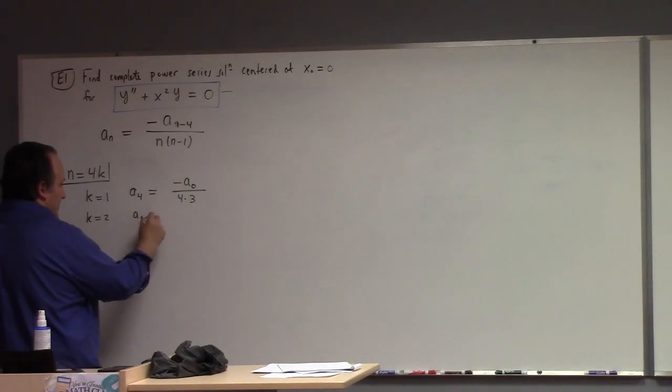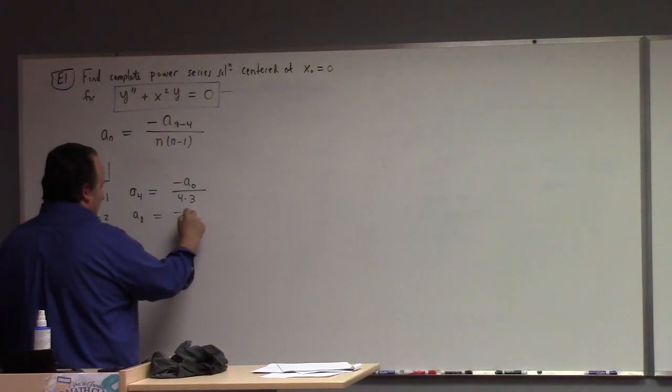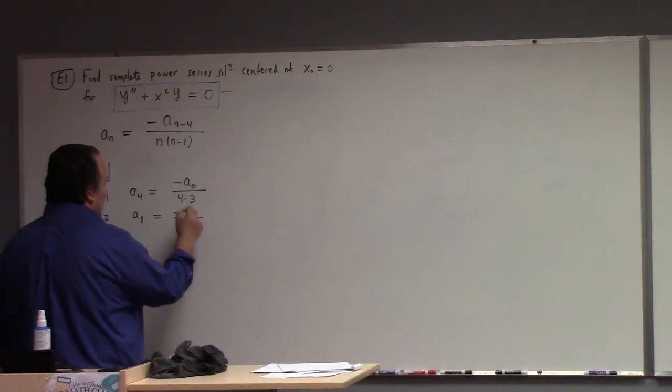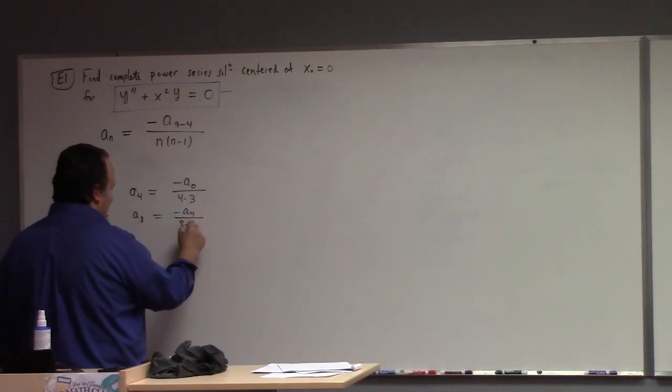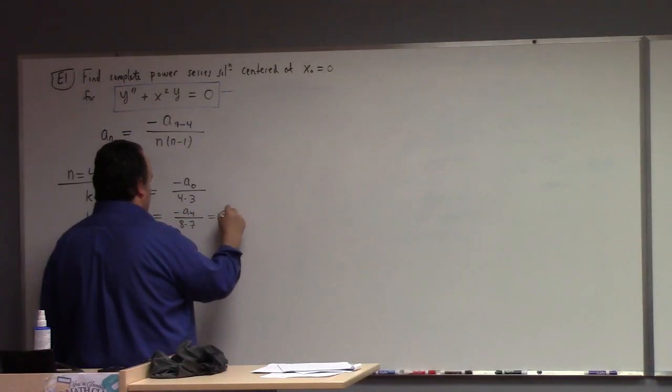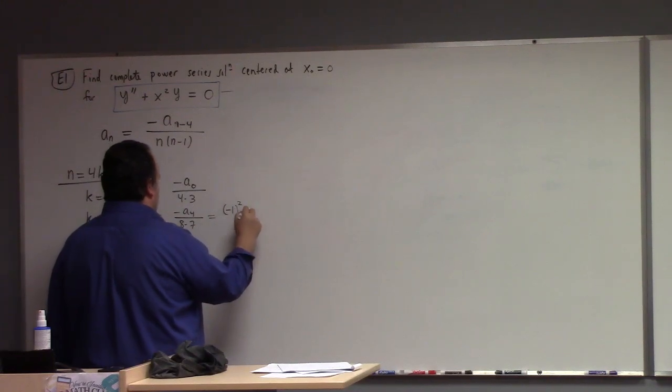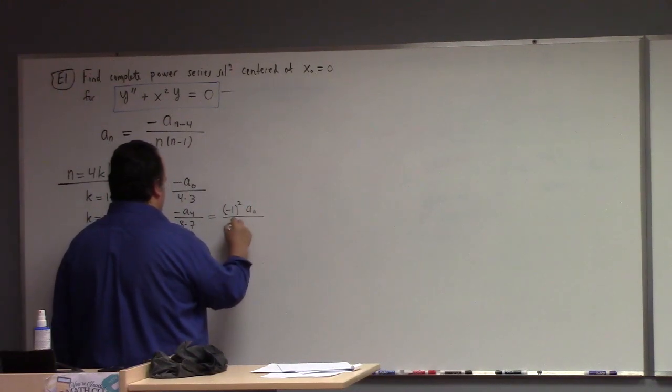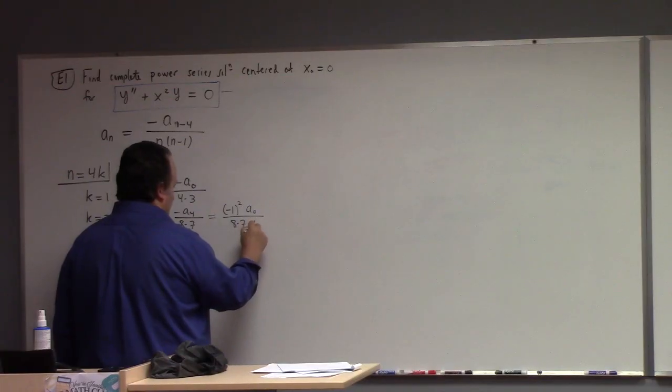A sub 8 is minus a sub 4 divided by 8 times 7, which is minus 1 squared times a sub 0 over 8 times 7 times 4 times 3.